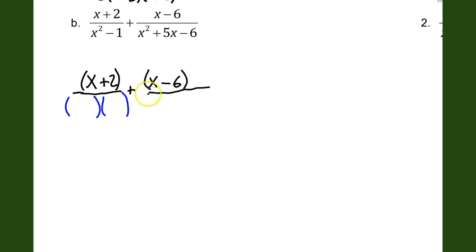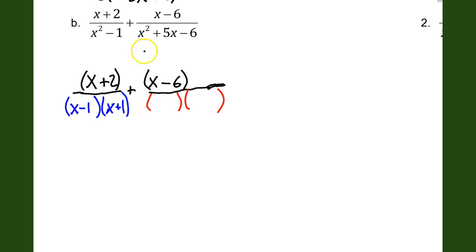And what do you get on the bottom here? Right. Start off by factoring so you can find that common denominator. Well, you wouldn't be able to do anything if you don't have common denominators.